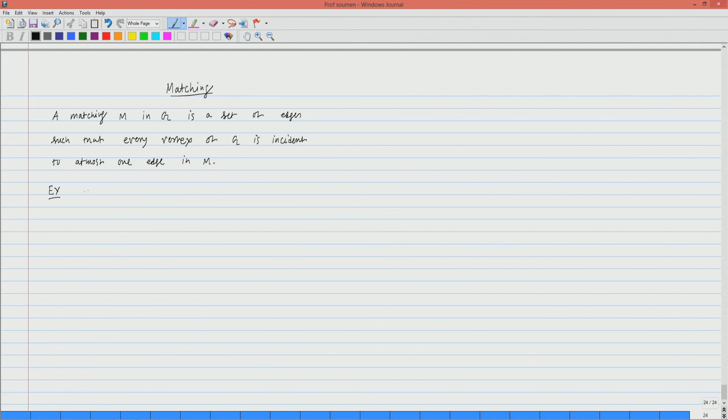Let me start with the bipartite graph. And from the practical point of view, I consider this example.